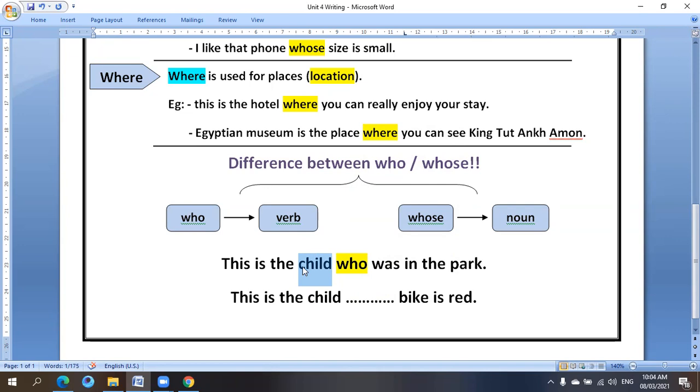Both of them can come after a person. So how can I know the difference? How can I know that in this case I will choose who, and in this case I will choose whose? Who is usually followed by a verb, but whose is usually followed by a noun.